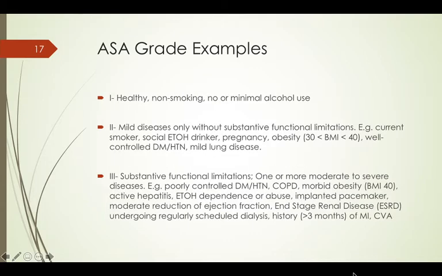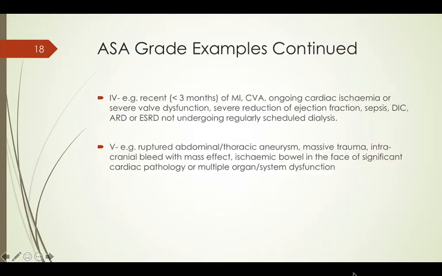So 1, healthy, non-smoking, no or minimal alcohol. 2, if they're perhaps a current smoker, social drinker, maybe pregnant, things like this. 3, they may have functional limitations, poorly controlled diabetes or high blood pressure, COPD, morbid obesity, hepatitis, alcohol dependence, that kind of stuff.